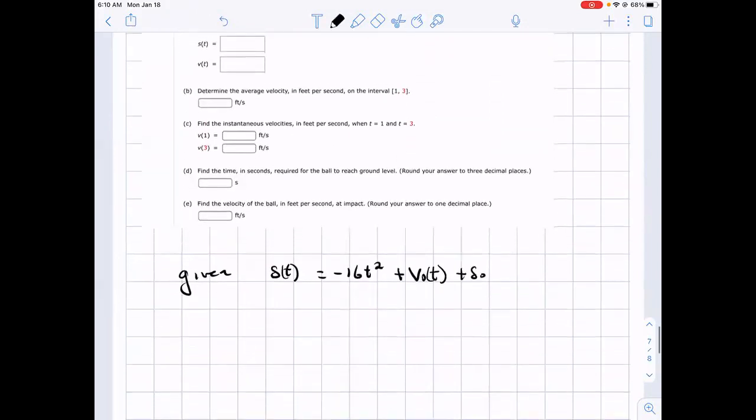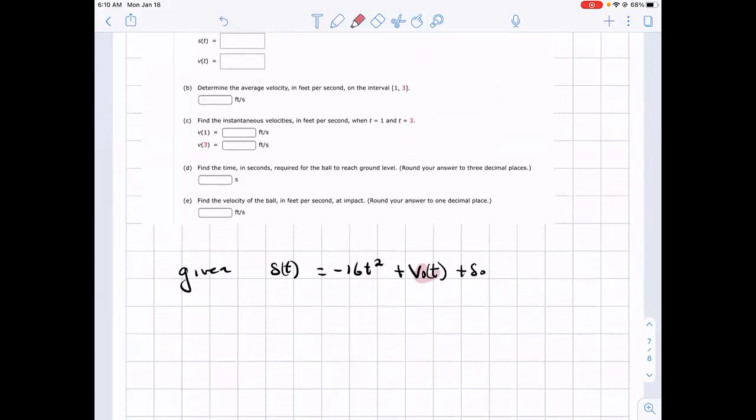So you have to know that v0 is your initial velocity and S0 is your initial height.